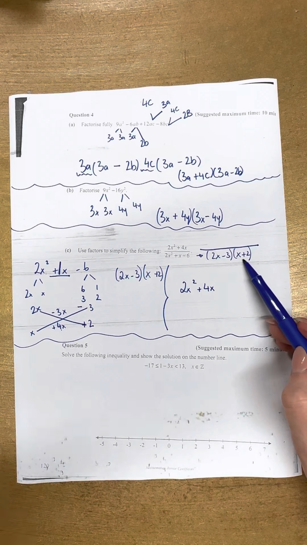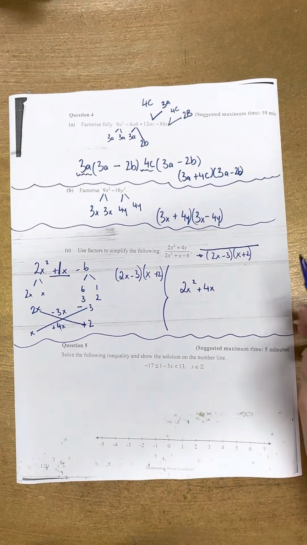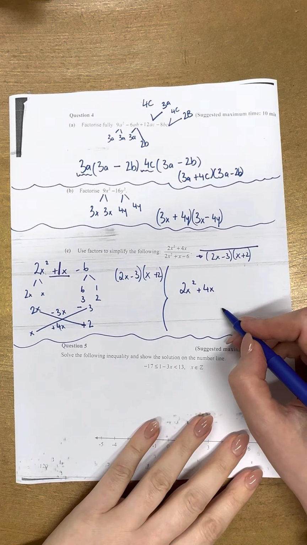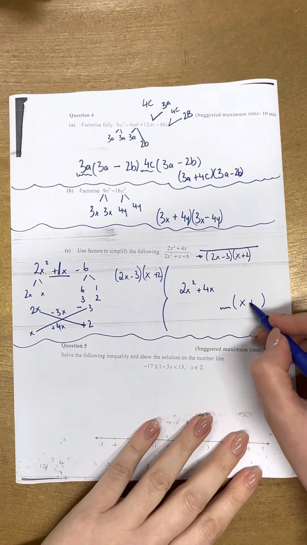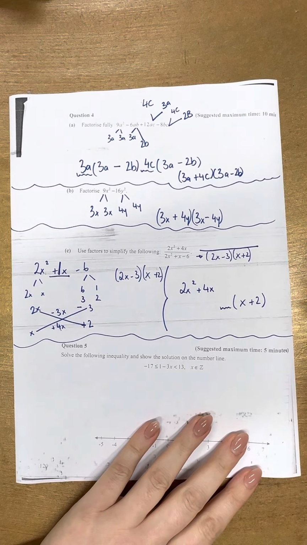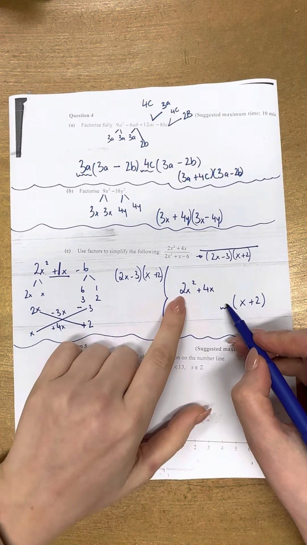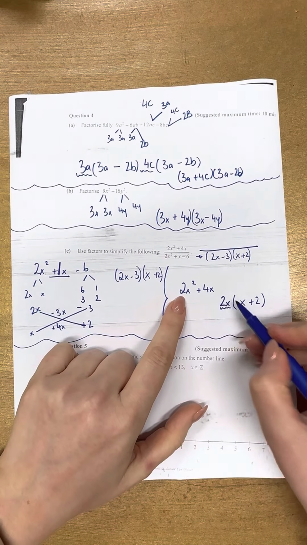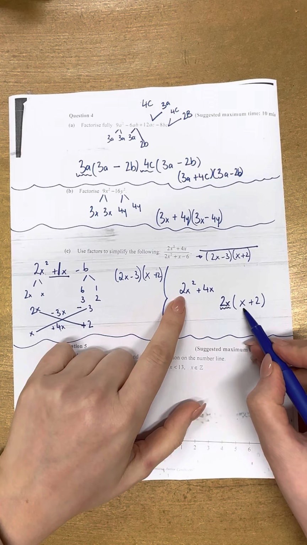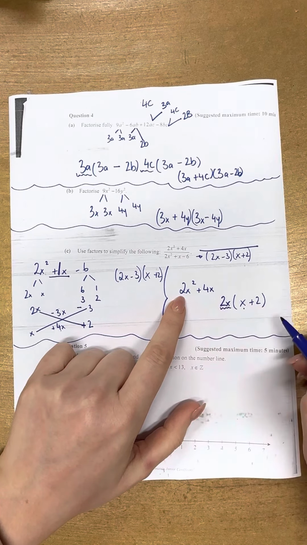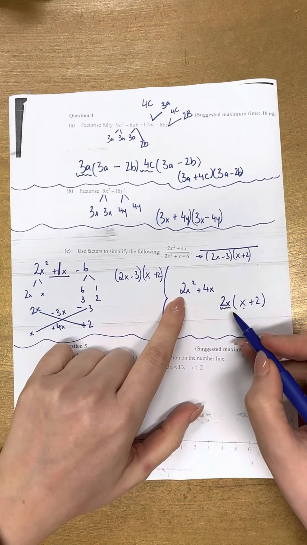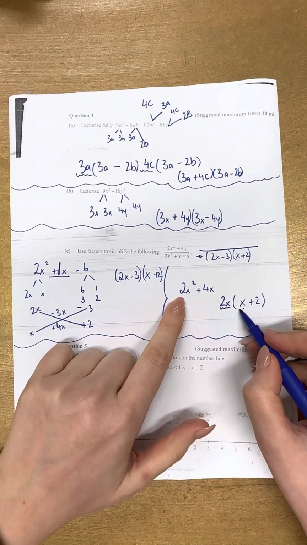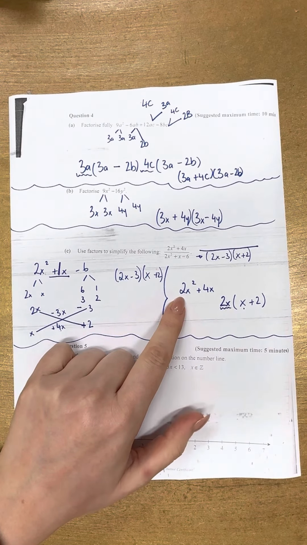So it has to be the x plus 2. So how you factorize that is you've got a space and you need the x plus 2 to be one of the factors. So what would you put in here? You'd put in 2x to give you times x, giving you 2x squared. And 2x by 2 will give you 4x. So that's it factorized.